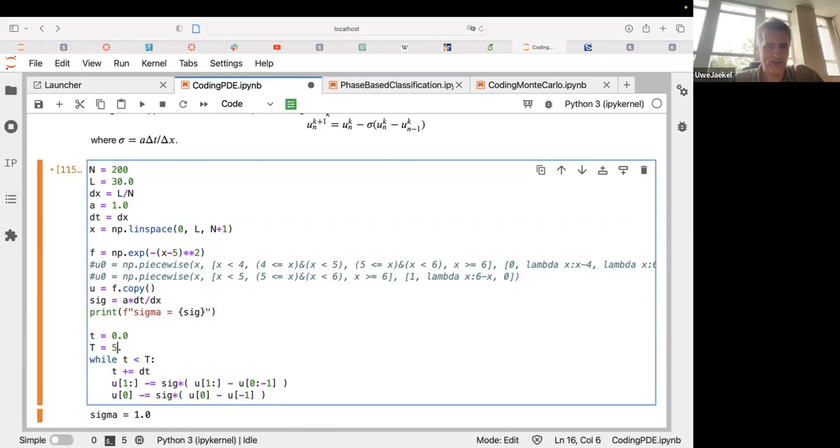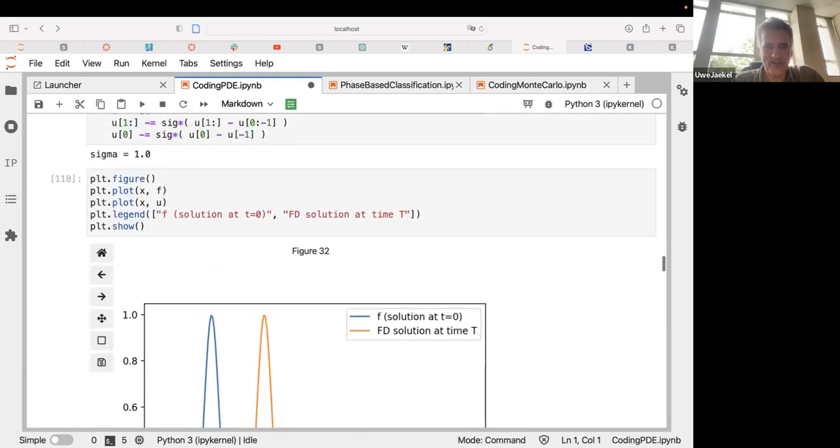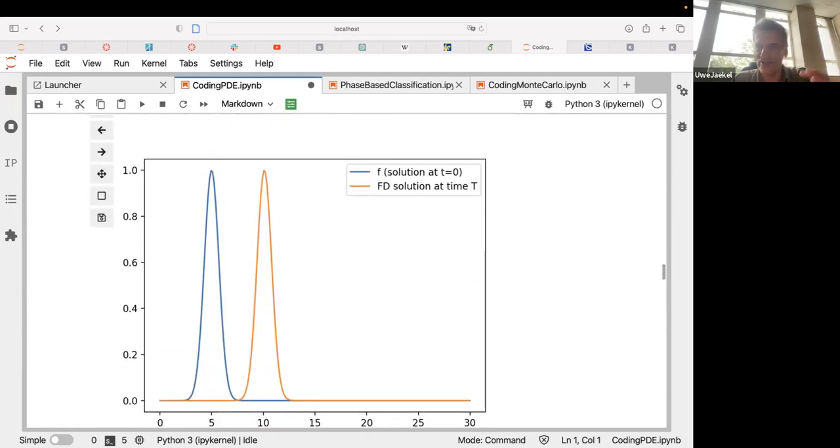So let's go to t equals 5. Just let me make sure. So we get the exact solution if we can guarantee that sigma equals 1, so a times delta t over delta x equals 1. That's in a way numerically the perfect situation. Otherwise, if it's bigger than 1, we get instability. If it's smaller than 1, we get numerical diffusion.